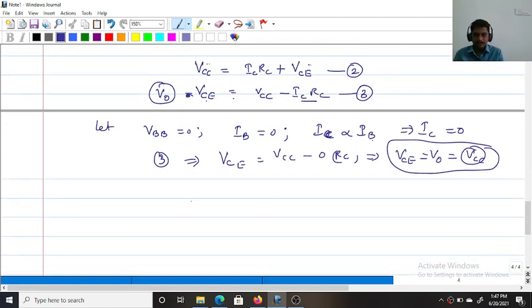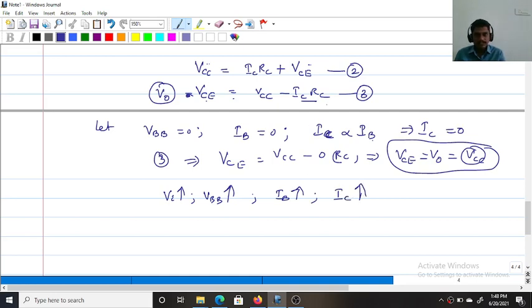Right now, for example, we are increasing the input voltage, nothing but VBB. When input voltage increases, IB increases. When IB increases, IC also increases.